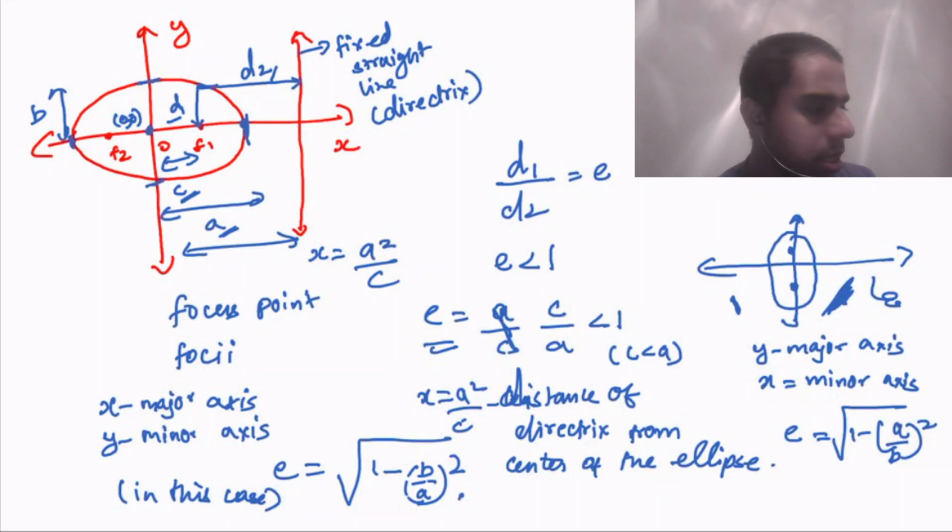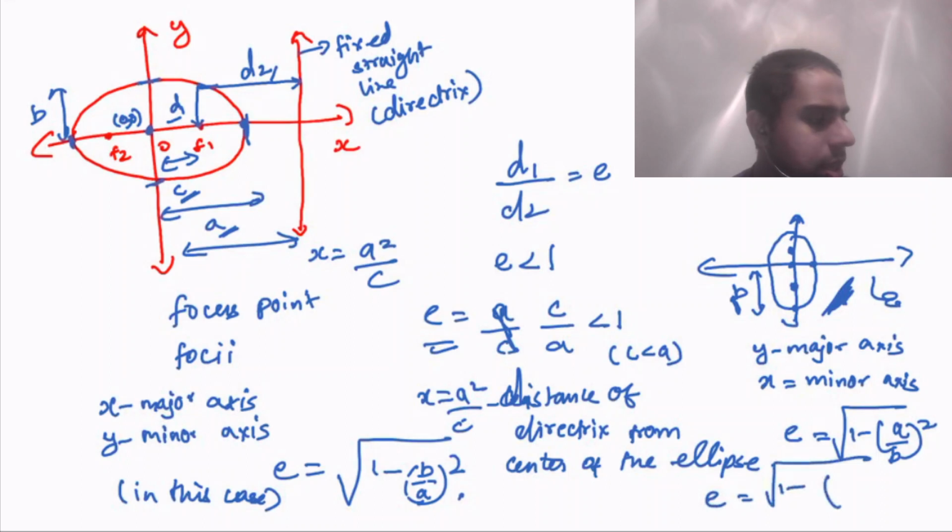Because here a is the distance from the vertex on the minor axis to the center, and b is the distance of the vertex on the ellipse from the center on the major axis. So you can actually write eccentricity based on this definition: E equal to root of 1 minus (minor axis by major axis) square.